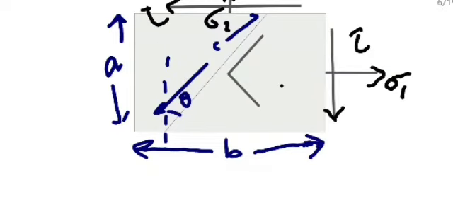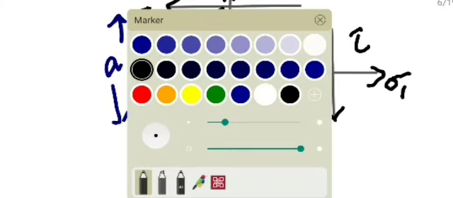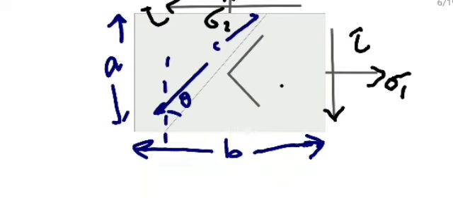Tau. Now this is the inclined plane we are considering. We have to find stresses along this and this direction. For that, what we are doing is making use of equilibrium of forces. So all these stresses have to be converted to forces first.